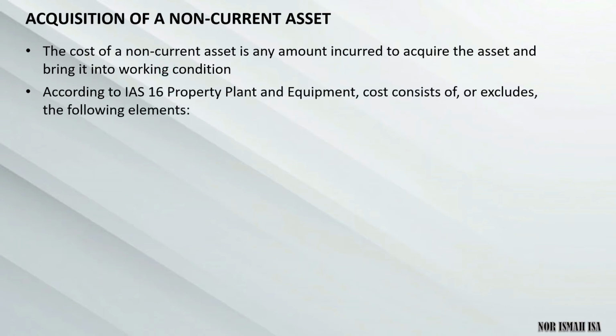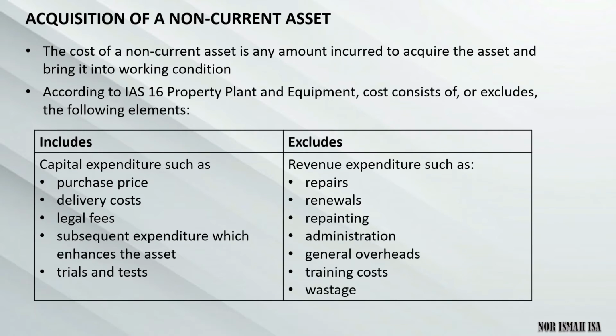So according to IAS 16, property, plant and equipment cost includes the following elements, which is all the capital expenditures such as purchase price, delivery cost, legal fees, and subsequent expenditure which enhances the asset. This we will learn shortly.